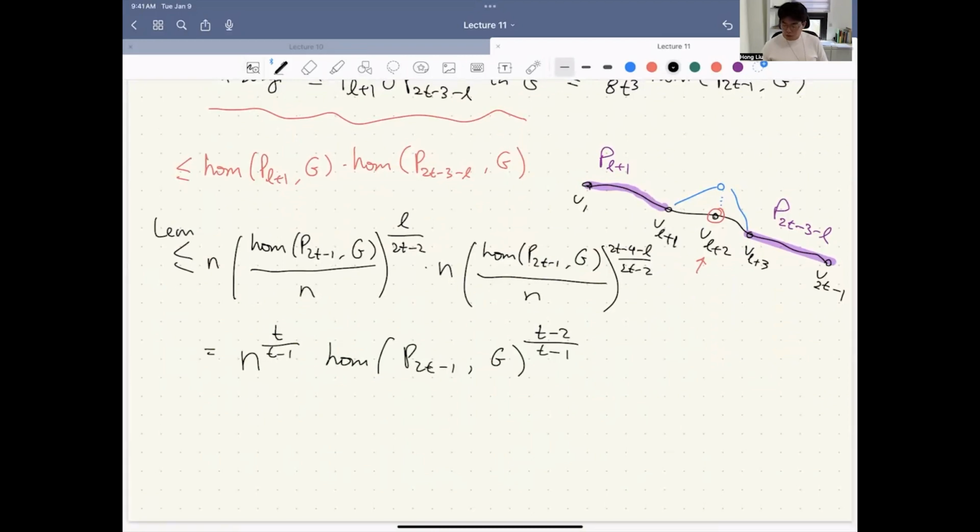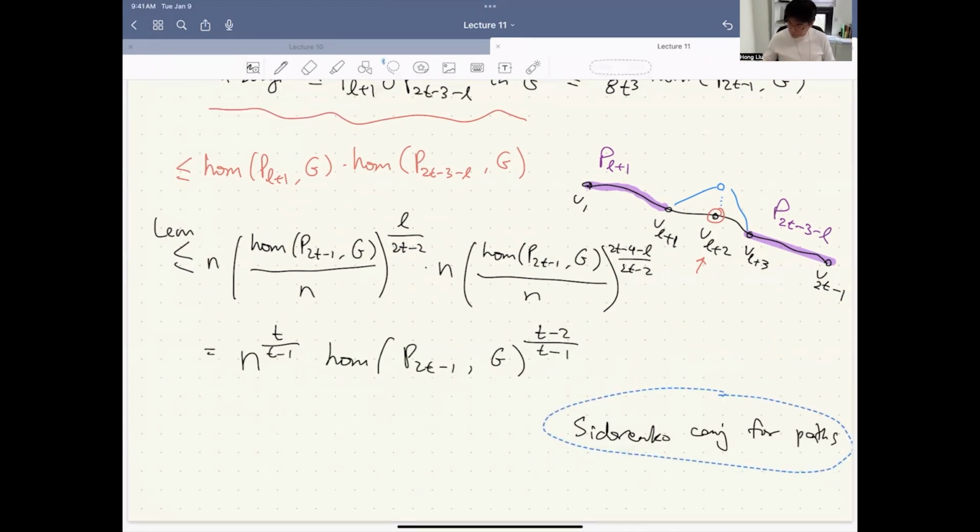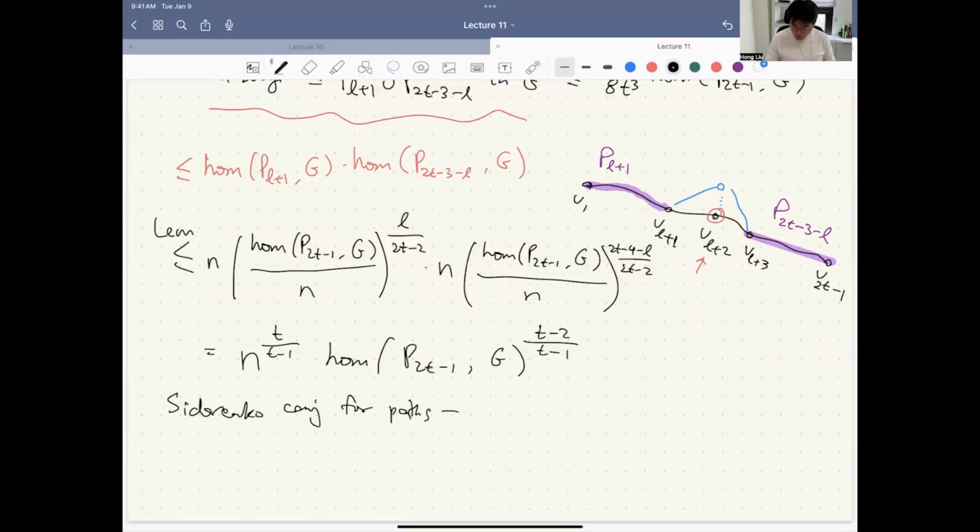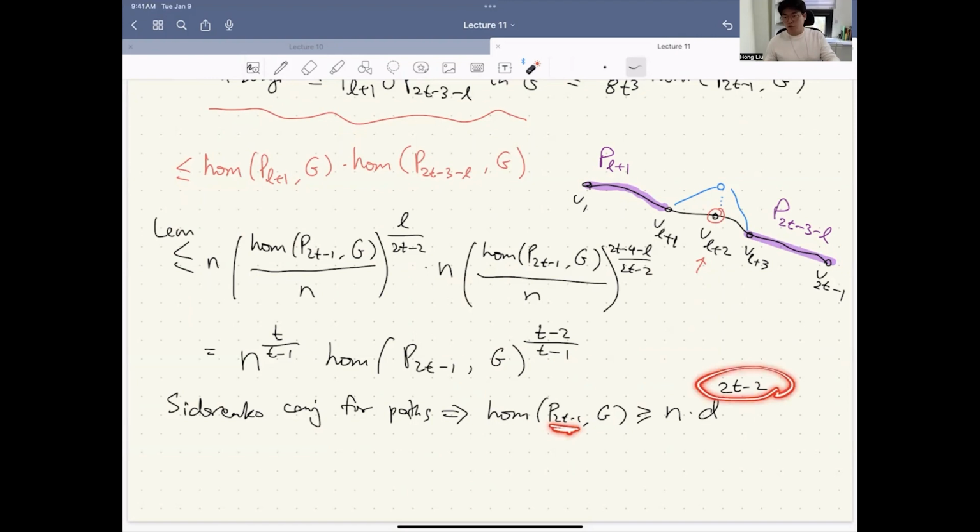Okay. Sidorenko's conjecture for paths implies that we have a lower bound on this. This is at least n times d to the 2t-2. N choices for the first vertex in your random graph, and each following step, 2t-2 steps, you have every degree many choices to map it to. So this is Sidorenko's conjecture.